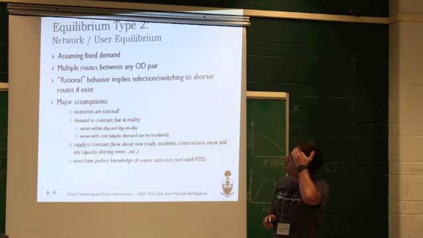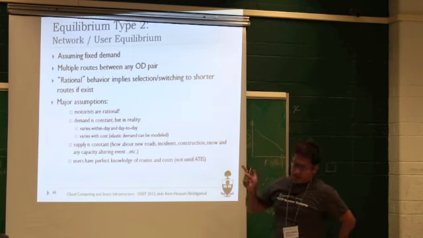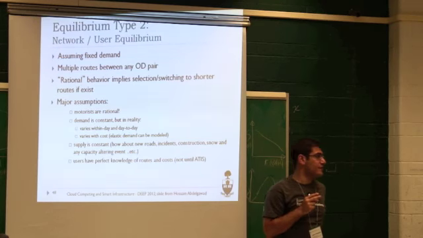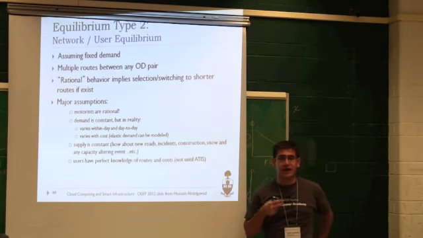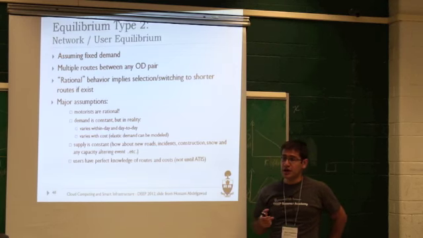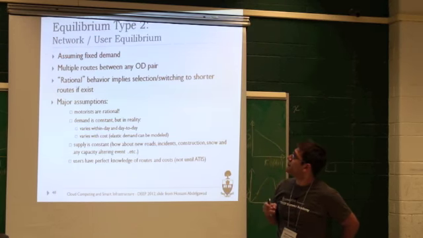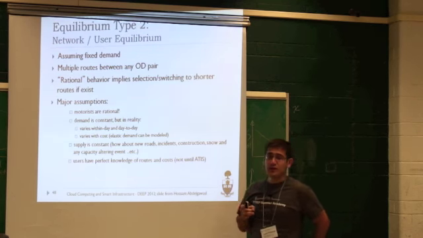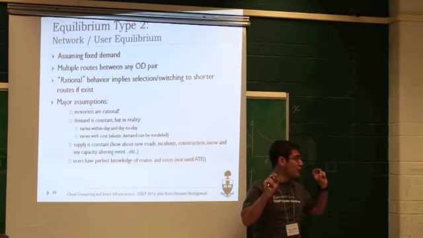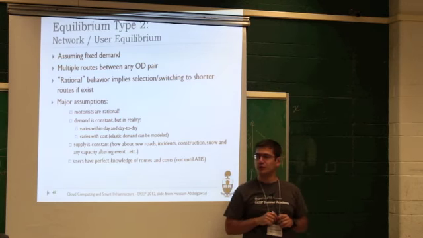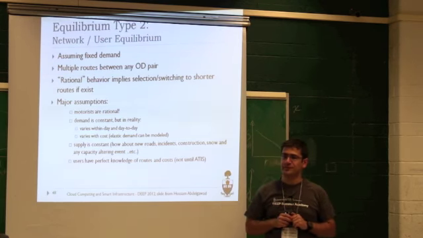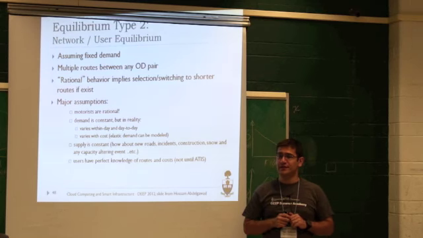Okay. So, there are two ways of assigning traffic on a road. One of them is called user equilibrium, and that is what rational people would do. Where did you hear that term? Yesterday. In what? Game theory.